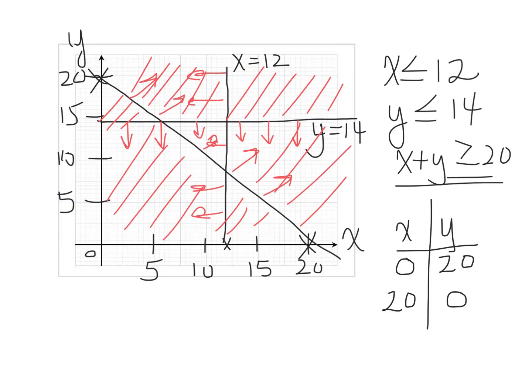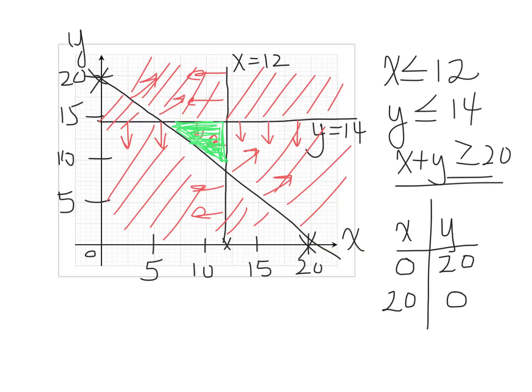So if we're going to look at the space where it is possible or feasible, we're looking at this space right in here. I'm shading it green. You can see that area shaded in green has values that would work for x plus y greater than or equal to 20. It's above that cross line.